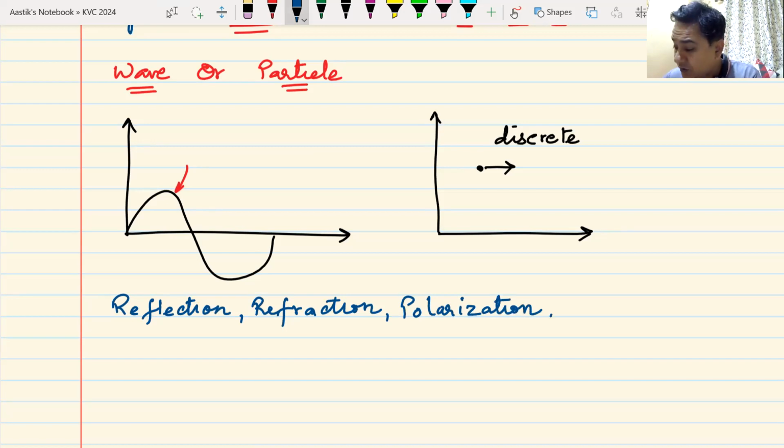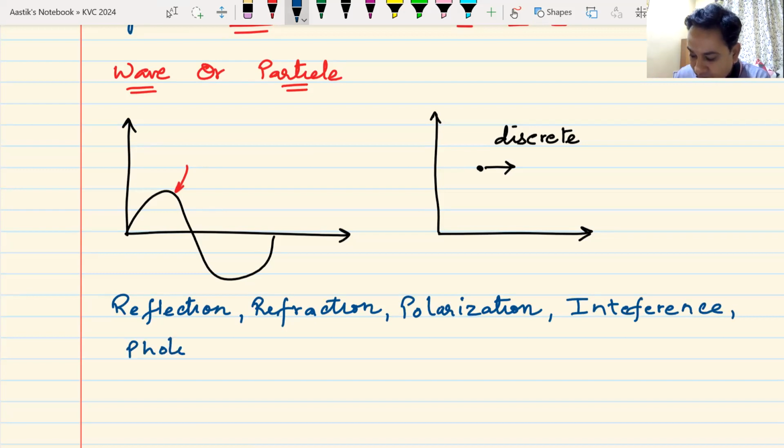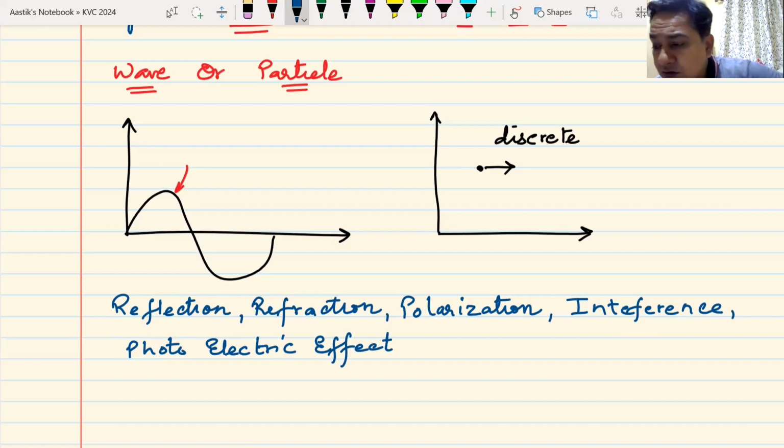Okay. We are going to study a term known as interference. Have you heard about the term interference? Then we are going to study the photoelectric effect of light. Have you heard this term? So these are, in short, certain phenomena that we are going to study in this particular chapter.